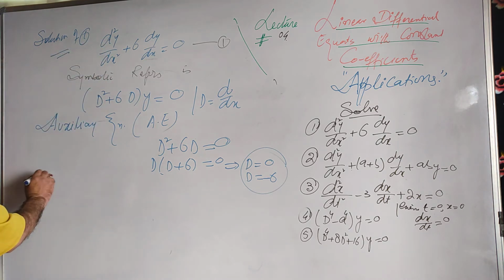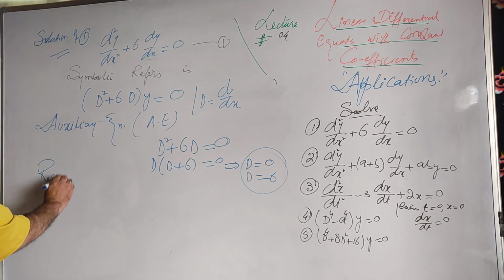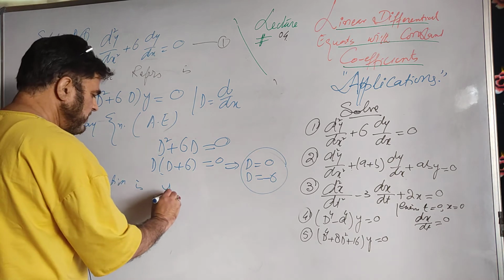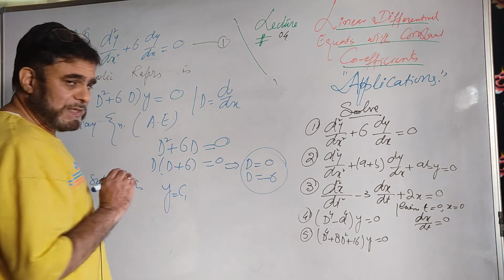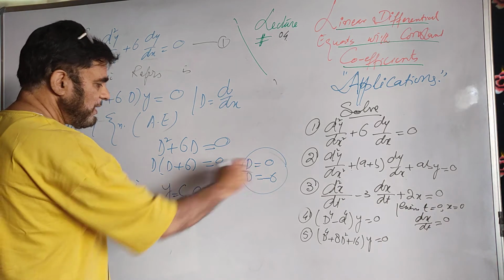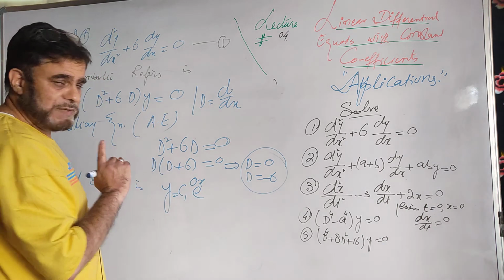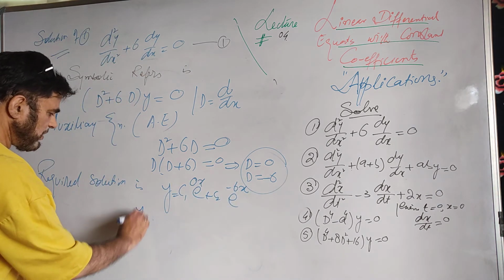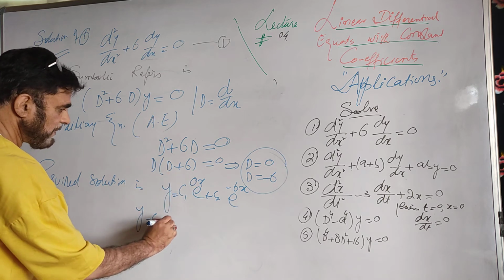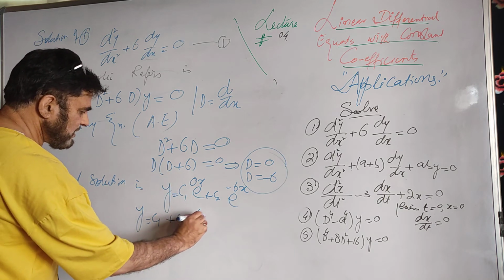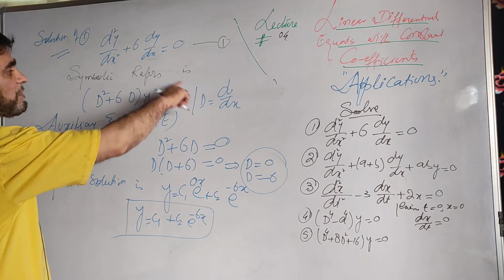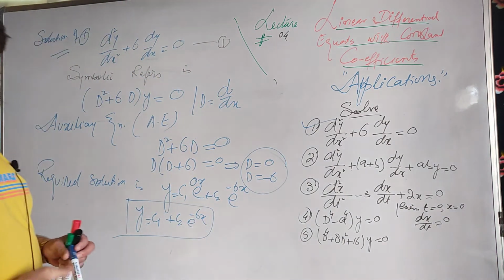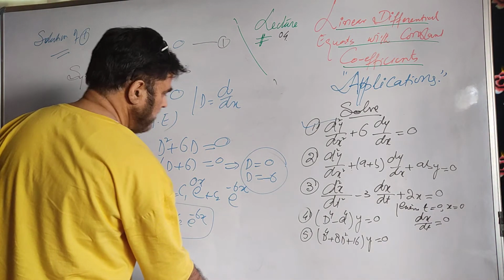So the required solution is y is equal to c1, arbitrary constant c1, then e raised to power 0x, x is your independent variable, plus c2 e raised to power minus 6x. Therefore your solution is y equal to c1 plus c2 e raised to power minus 6x. We say this is the complete solution of this differential equation. So we did this one. Okay, let me go to the second one.